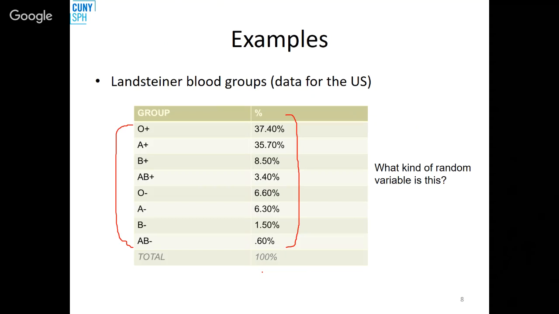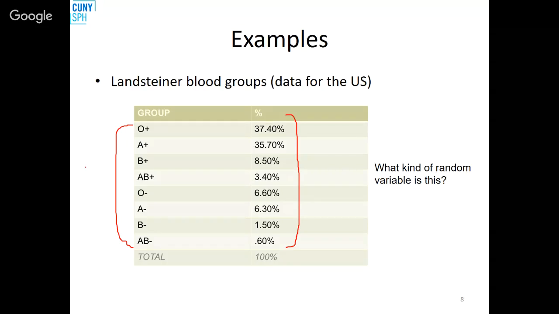So I've already told you this, but what kind of random variable is this? So each blood type is the event, or each personal observation, each person that you do. Once we gather data and get back a result for a person, that is an event. But the exhaustive part is not related to the event. That's right.